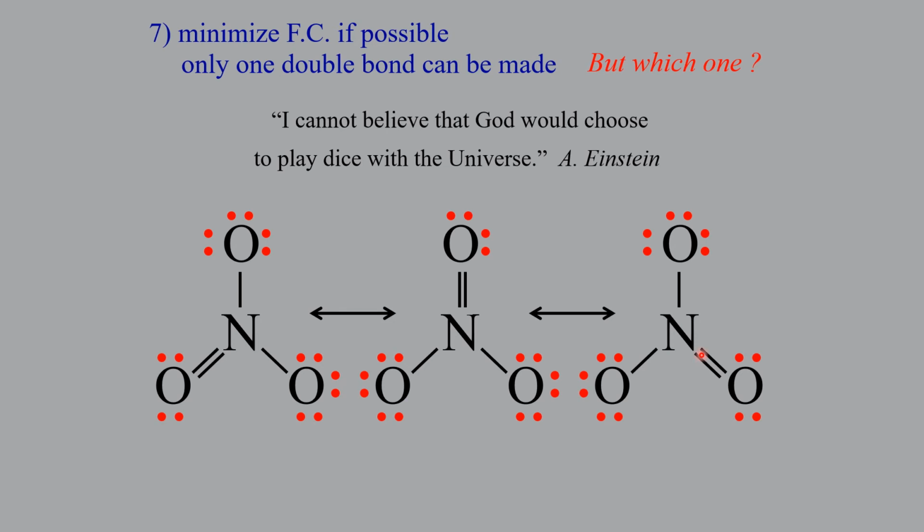But there's 1 pair, so one of these 4 shared pairs, that is actually shared between all 4 atoms of the molecule. And so they are roaming around, occupying space that helps all 4 of these hold together. And the Lewis structure can't show that.